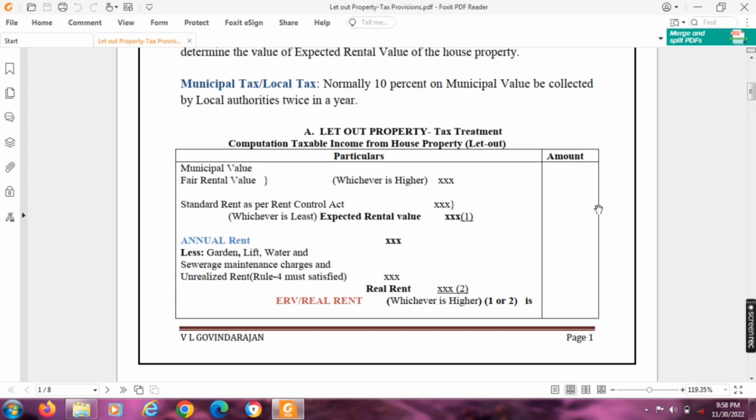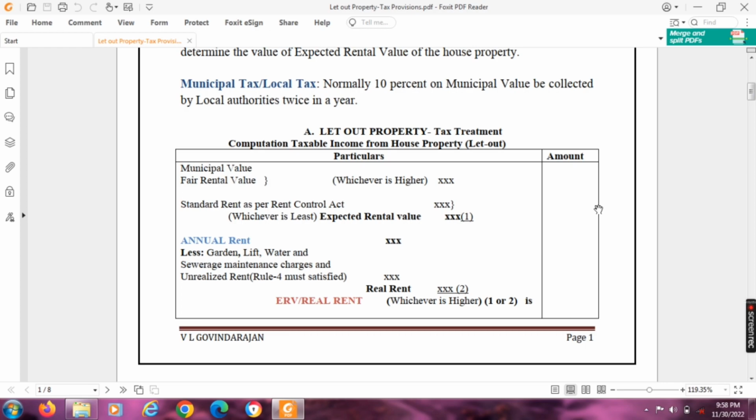It is part 1. When the property is let out to others, annual rent, not actual rent, please mind here, annual rent, less garden, lift, water and sewerage maintenance charges and unrealized rent.